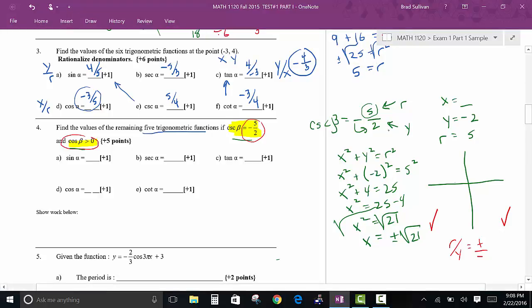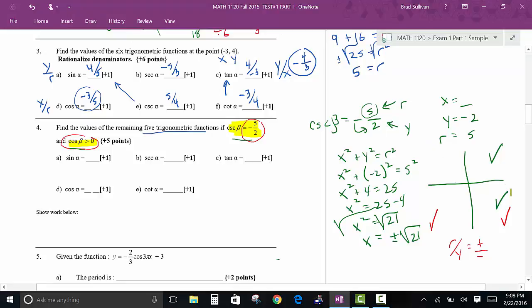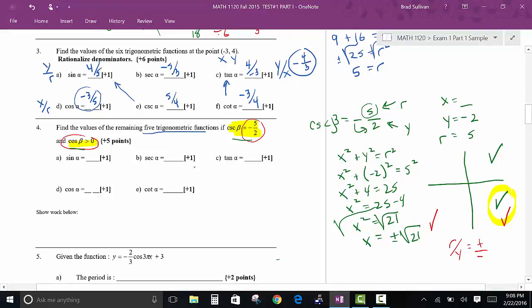Okay, so I'm going to do this. The cosine is positive here and there. Cosine's positive where x is positive. So what that's going to mean then is these 2 check marks blend together in quadrant 4. So that means that we are in quadrant 4 when we put this together now. Okay, so that is going to mean now that x, since we're in quadrant 4, is positive. So you're going to have positive square root of 21, like that.